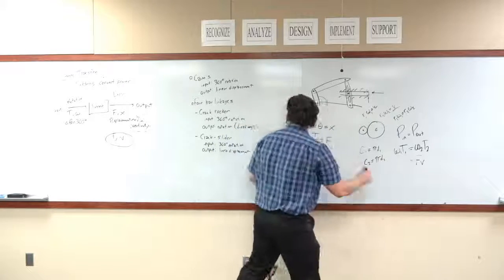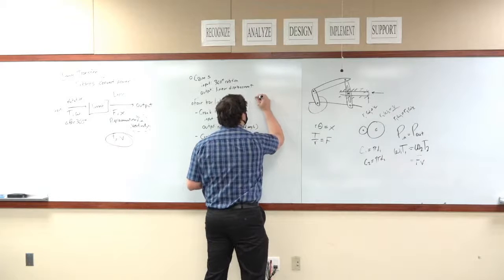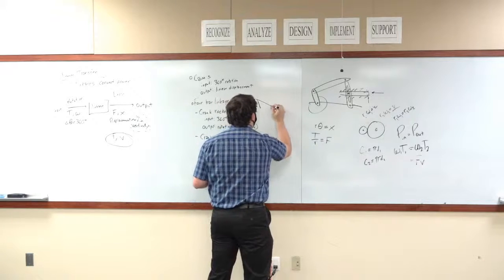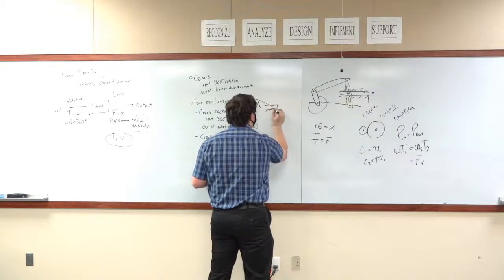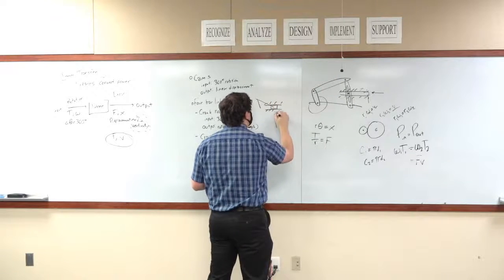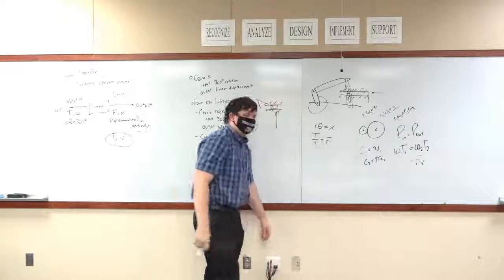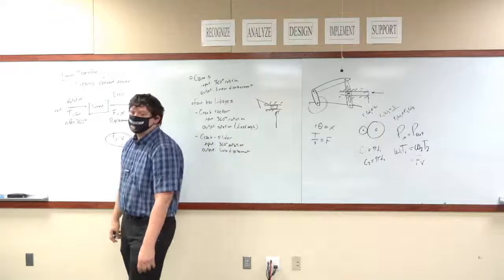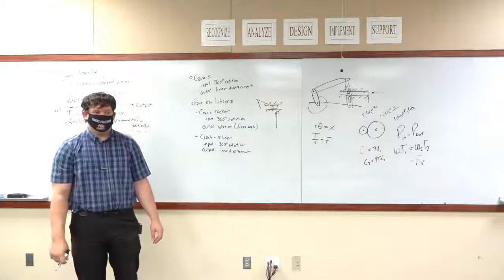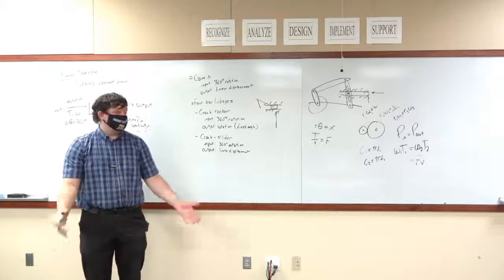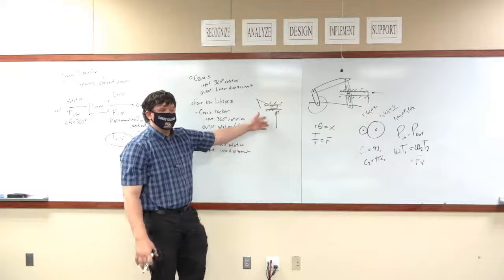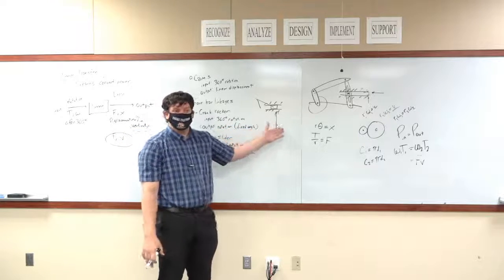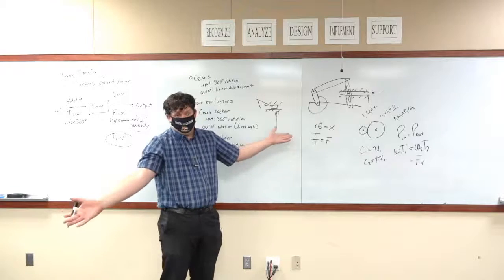In a crank slider, if I go again with a crank slider mechanism, okay, if we were to apply a force in this direction, the crank slider mechanism would be able to handle it perfectly. You can push on this infinitely and you're only pushing on ground. That's it.